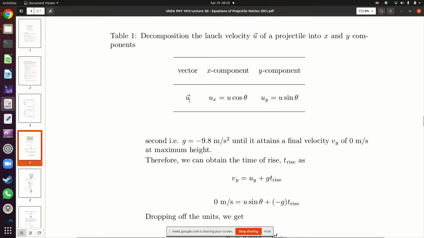So this part, this table is us recognizing that our launch velocity u is a vector, and we are interested in two different directions. We are interested in the x direction or the horizontal direction. We are also interested in the y direction, which is the vertical direction. So this has been taken care of here.